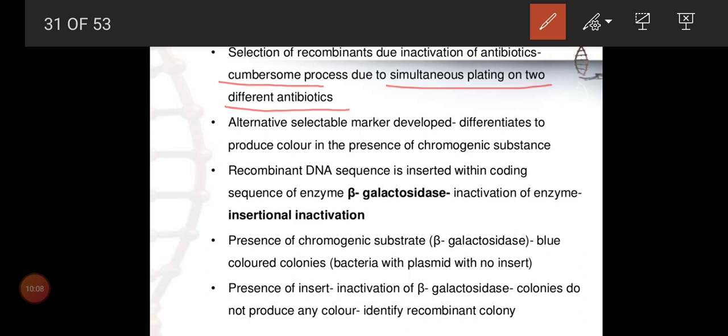Imagine, if we didn't select any selectable markers like the antibiotic resistant gene, like ampicillin or tetracycline, then gene cloning is a cumbersome process. It is very difficult to screen whether the bacterium is containing recombinant DNA or not. Is that clear?